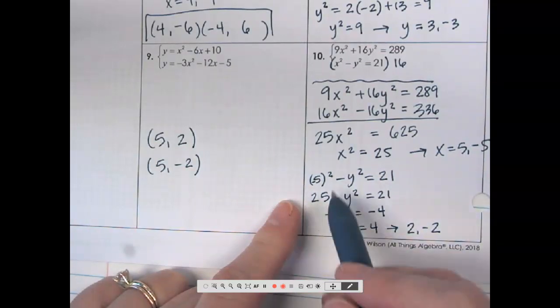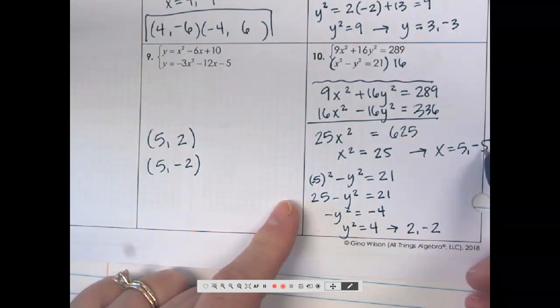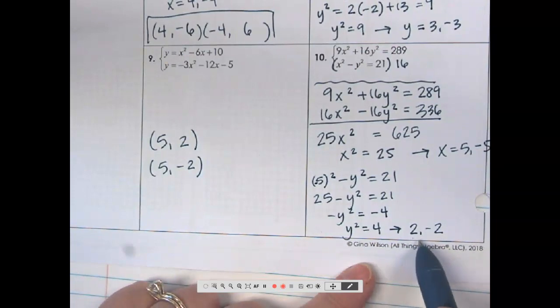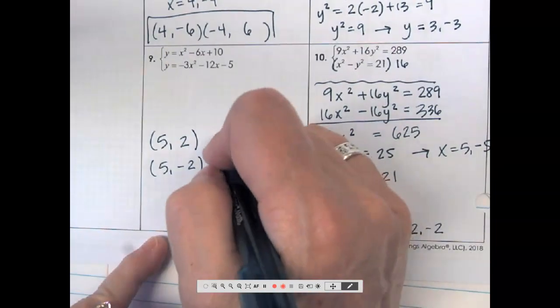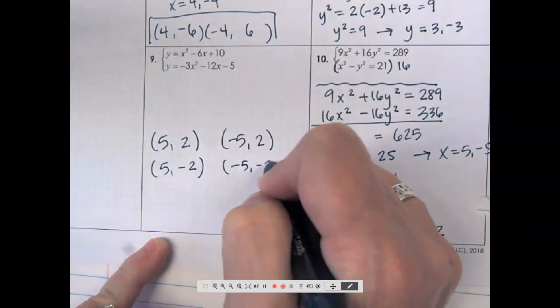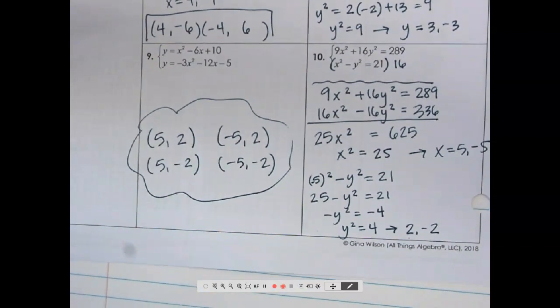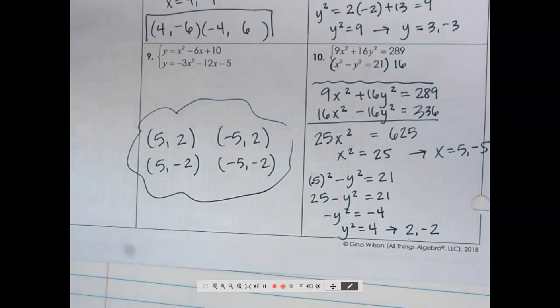No. So if I square negative 5, I still get 25. So when I sub in negative 5, I also get those two same y values, positive 2 and negative 2. So that gives me 4 points of intersection. That's a lot of algebra. That's some good algebra, isn't it?